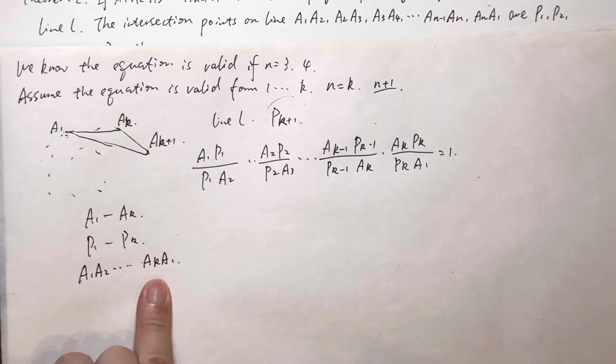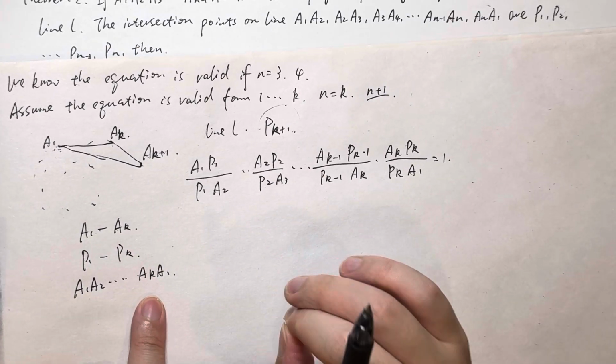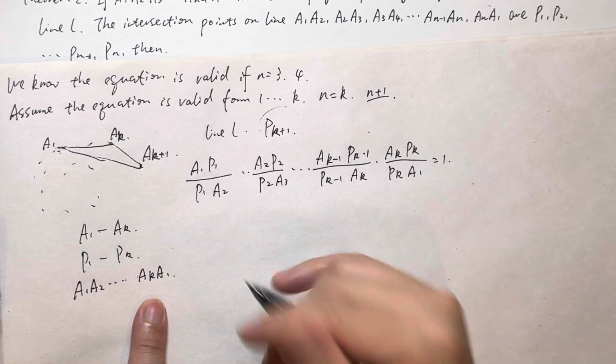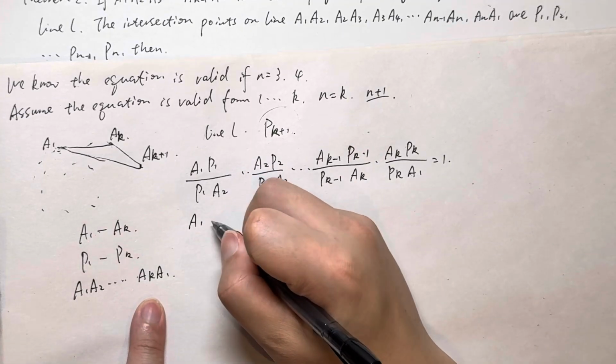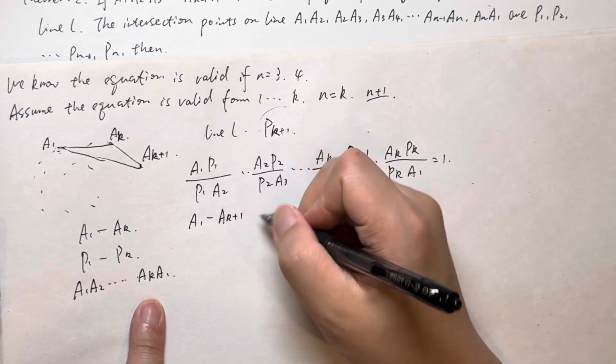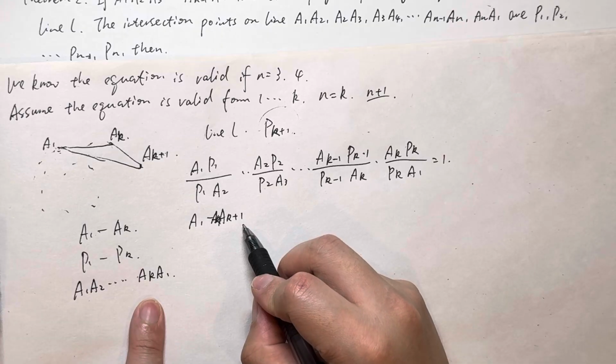And if we want to use a plus 1 point, add 1 point here, then we have the new sets as A1 to AK plus 1. Let's actually put it here, AK, and to AK plus 1, right?